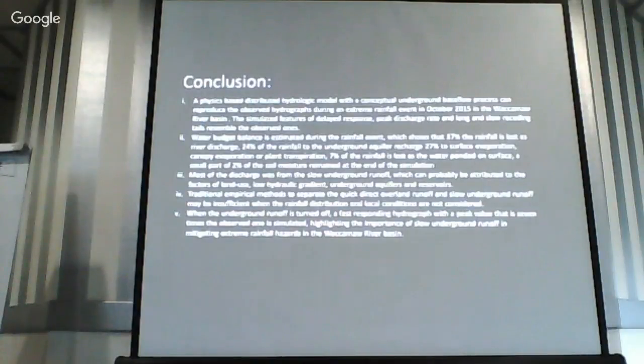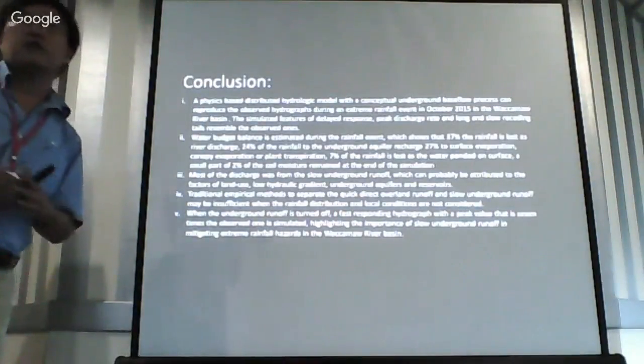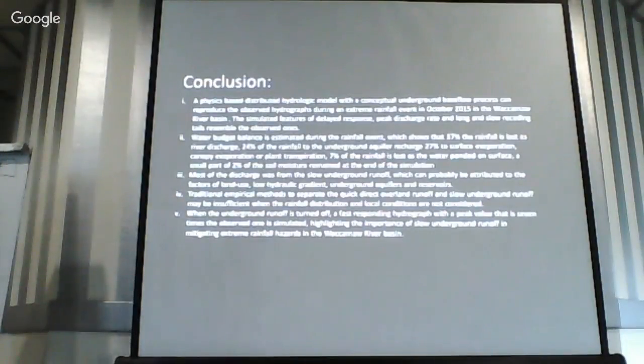That's all I have. And the main conclusion is that this extreme rainfall didn't cause extreme river discharge, because the dominant process in this case is this slow underground flow that goes underground, then is slowly released into river channels.